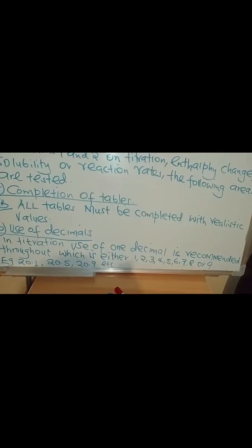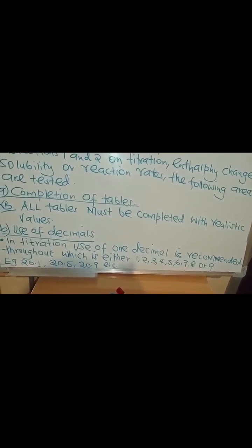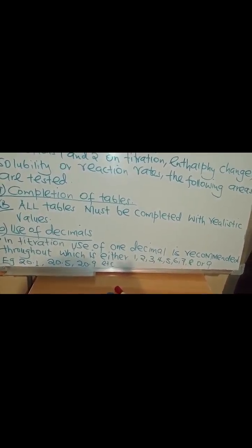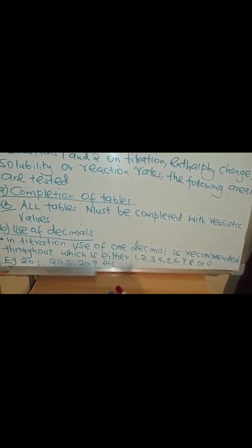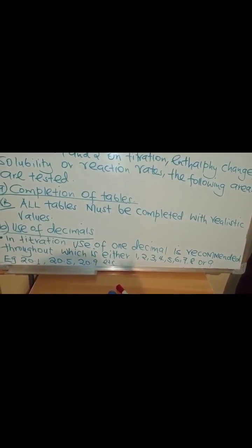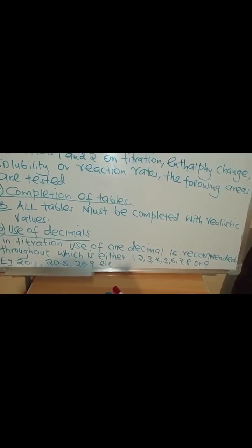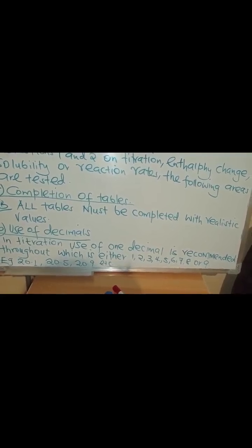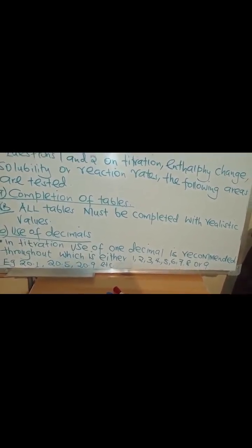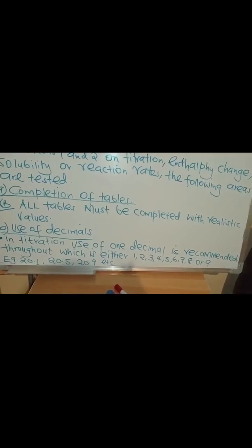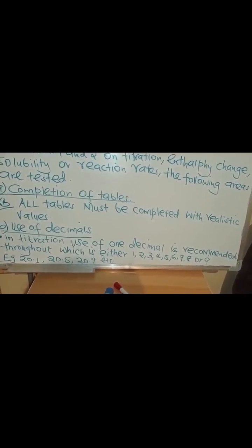Reason: when you're reading a burette, it is very easy to read the values to 1 decimal place. But when it goes to 2 decimal places, you'll not be accurate. So I recommend, to be on the safer side, use 1 decimal place.